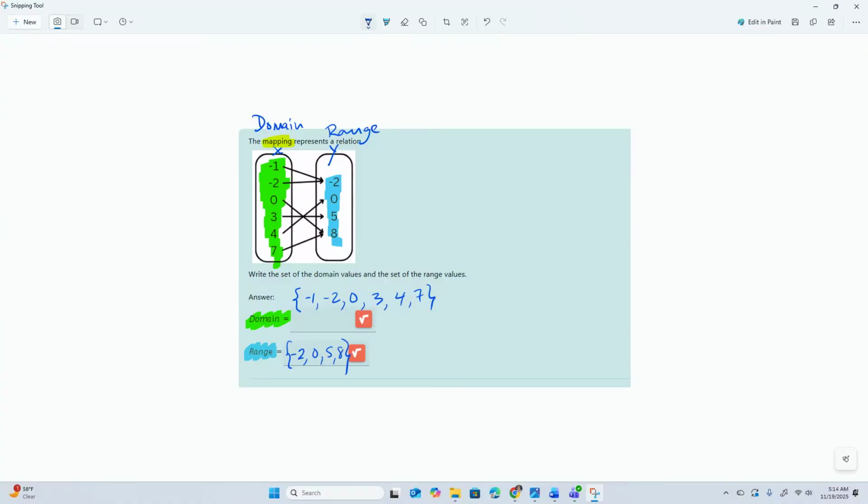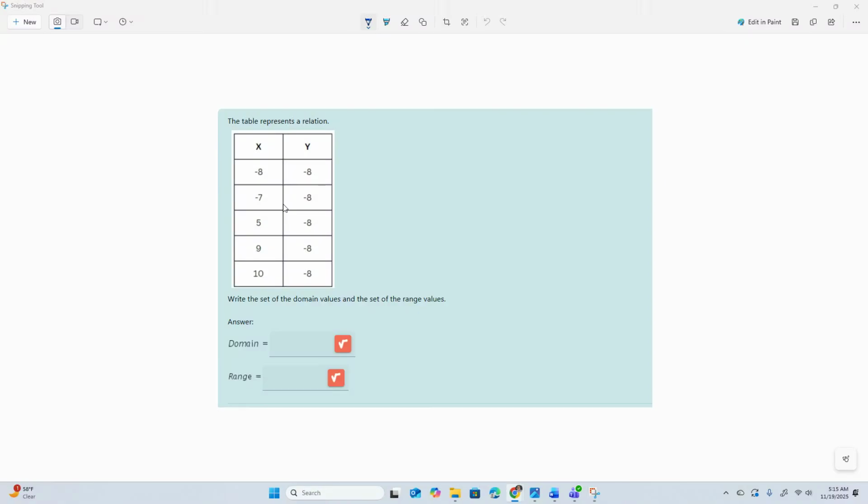Let's go 4. All right, here in question number 4, they gave us a table. See, again, I went over this in previous classes. This is a table. You can see the first column are the X's. Second column are the Y's. Okay, another name for X is domain.